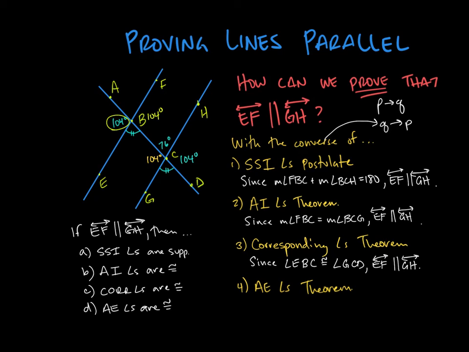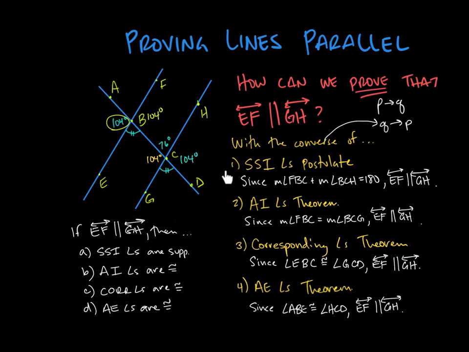And now, since I have 104, 104, a pair of alternate exterior angles that are congruent, I can say that since angle ABE is congruent to angle HCD, EF must be parallel to GH, and again that is using the converse of the alternate exterior angles theorem, that since the alternate exterior angles are congruent, those two lines have to be parallel.